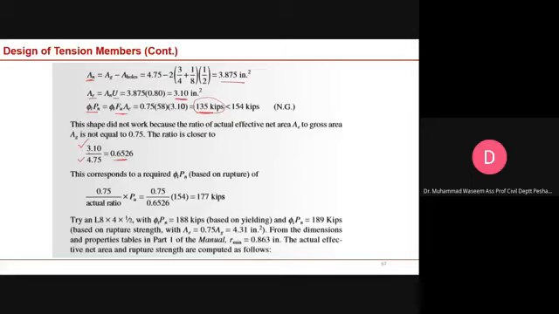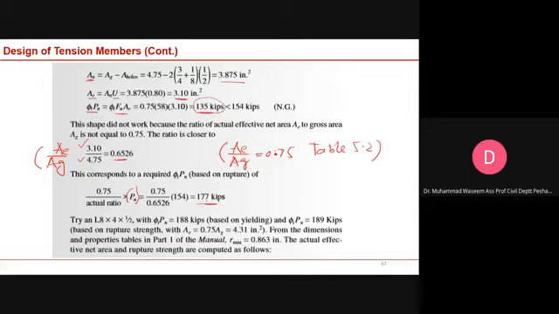In the table, this ratio is 0.75. So you are going to do a modification: the demand should be multiplied by these ratios, 0.75 by 0.65. Then you will get a new demand.